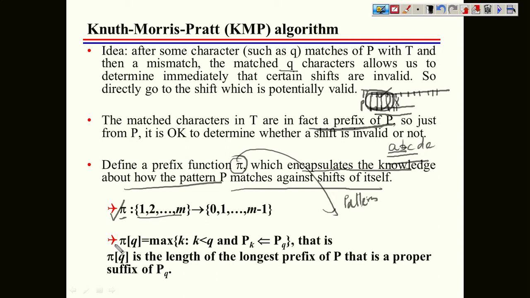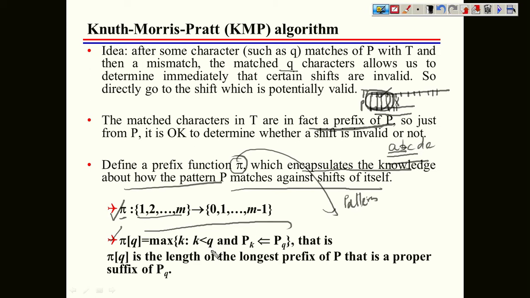Now how to determine the value of this pi? Pi is basically an array of the size of the pattern. So how can the value of each entry of this table or array, pi of q, be determined? It can be determined by using this definition: maximum k, such that k is less than q.